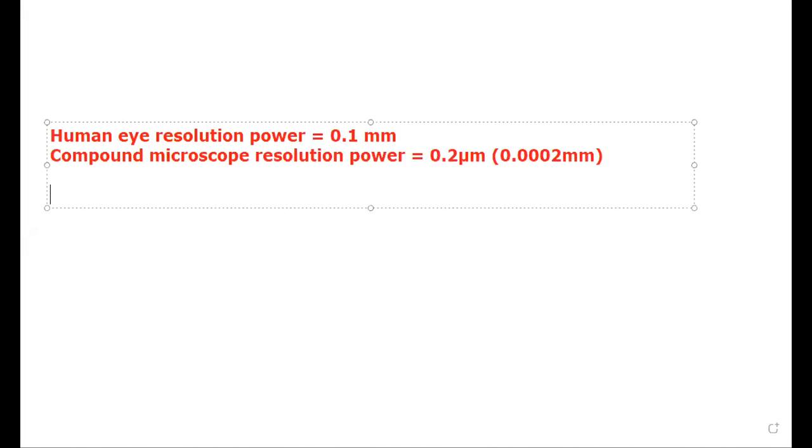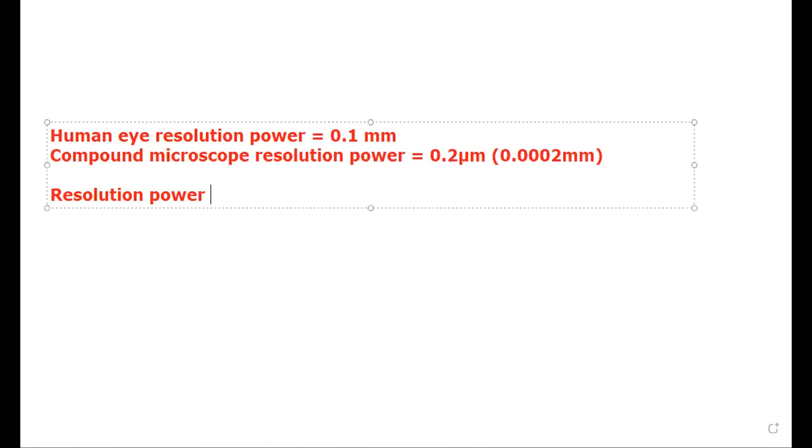But a compound microscope can see 0.0002 millimeter also clearly. So when you are comparing resolution power, the smaller number is considered as the higher resolution power. Understood?